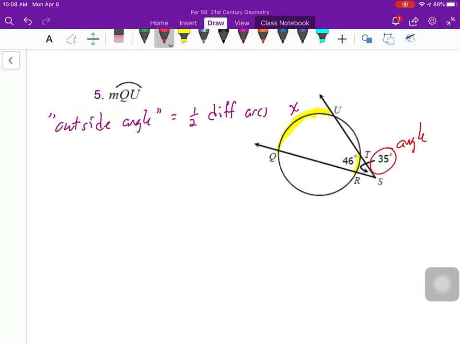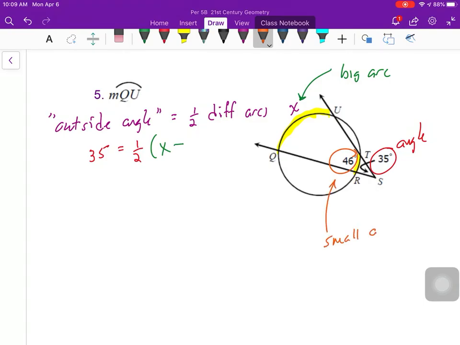I'm going to call that x. So the angle is the 35, one half. The big arc, that's the x. And then the small arc is the 46.